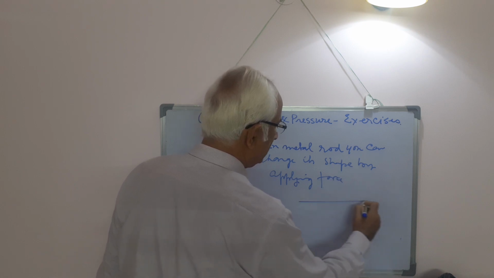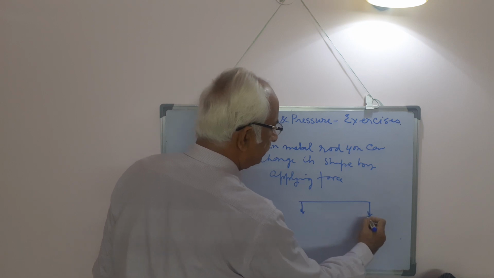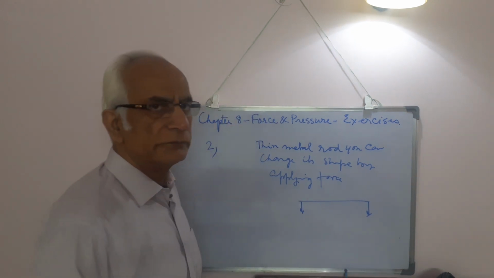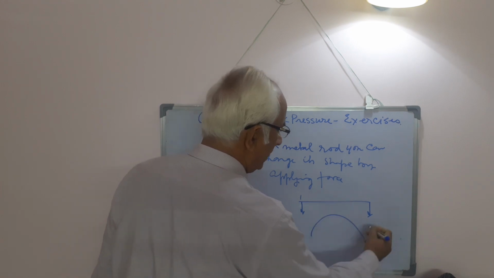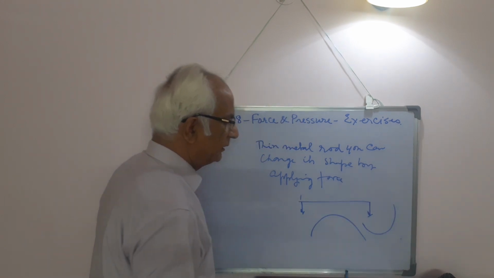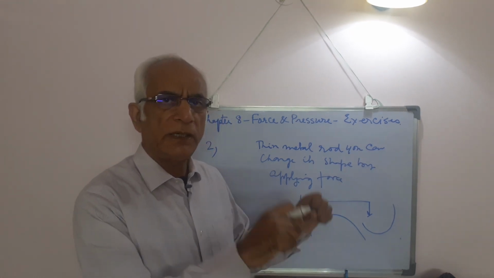For example, this is a straight rod. We pull it this way or we push it this way, so it may bend. It may bend this way or it may bend that way. So it was a straight rod and it becomes a bent rod. The shape has changed.